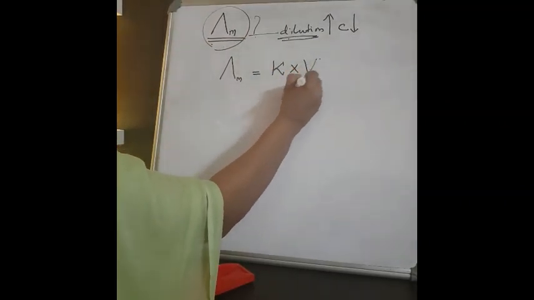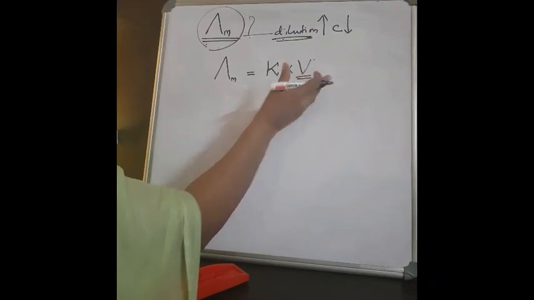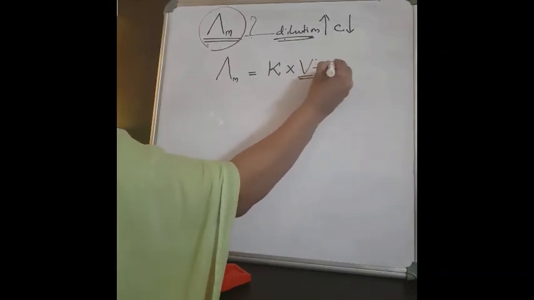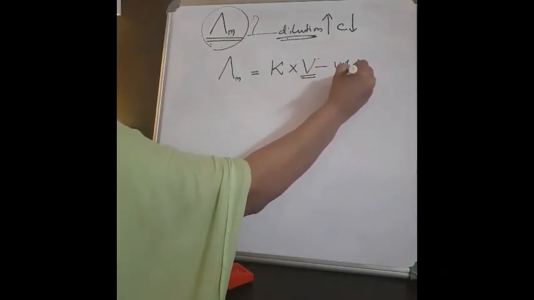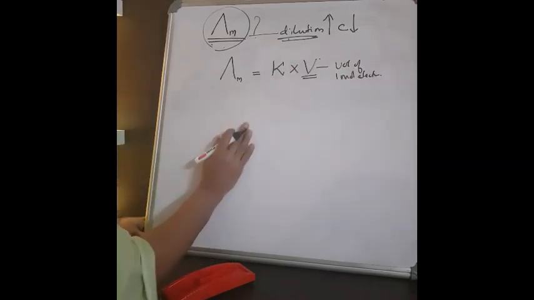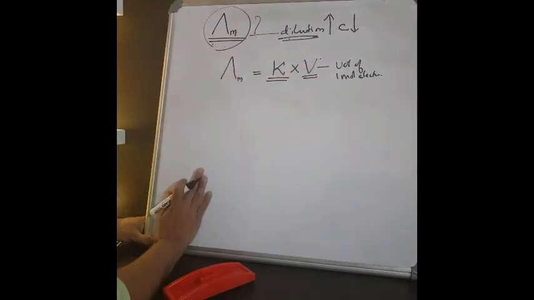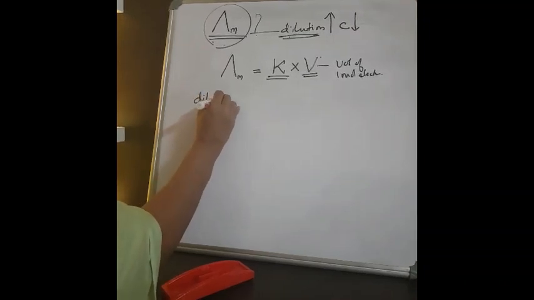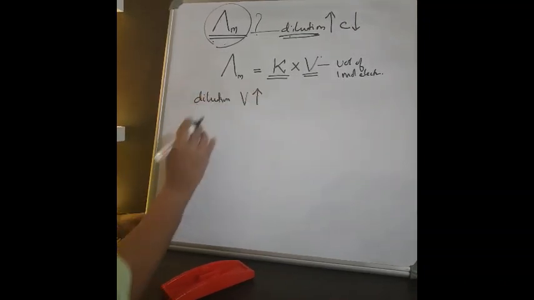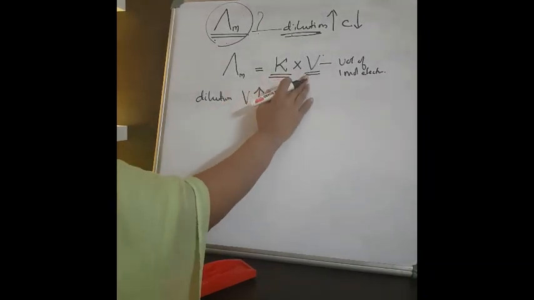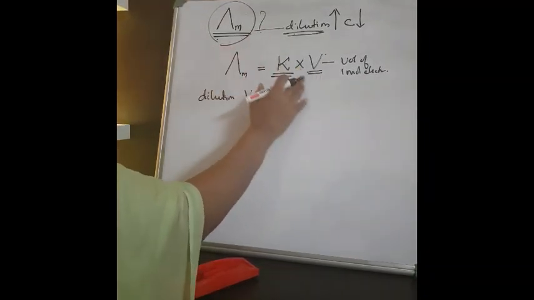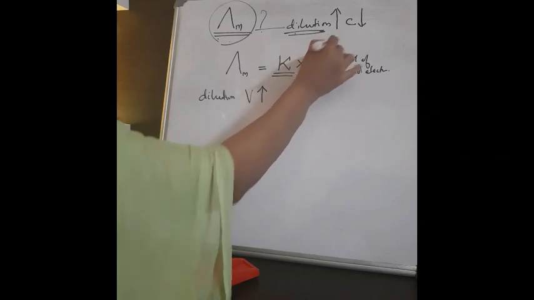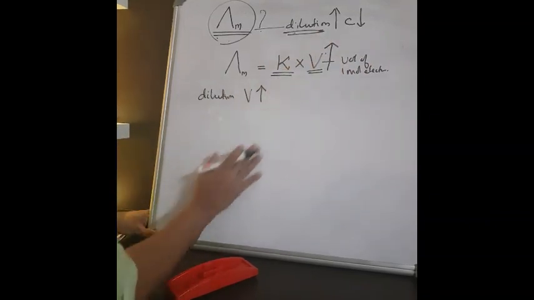Now you took this volume V as the volume containing 1 mole of an electrolyte, correct? And kappa is the conductivity. Now dilution means the volume is increasing, correct? So here, theoretically speaking, the volume is increasing because on dilution the volume definitely gets increased.